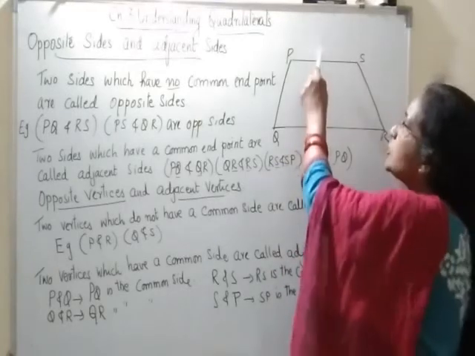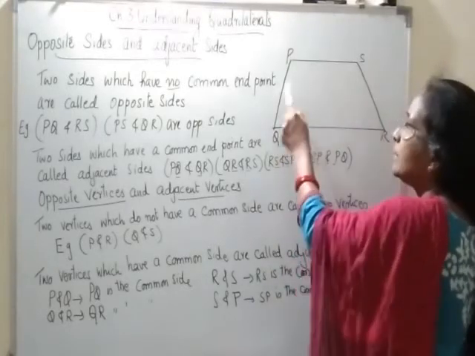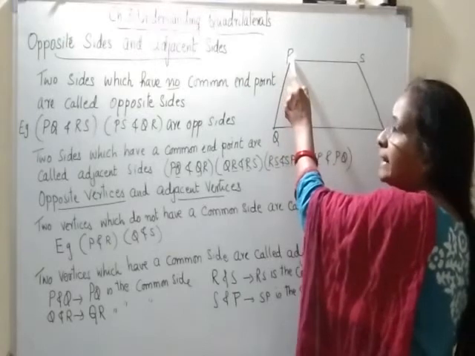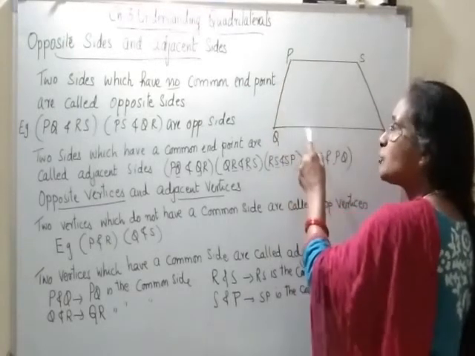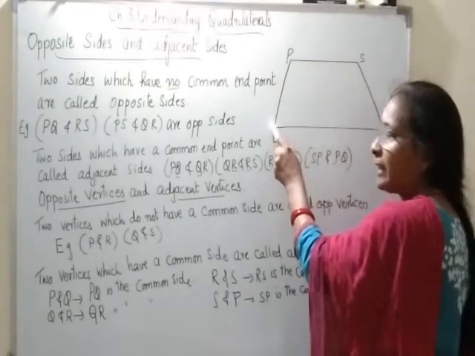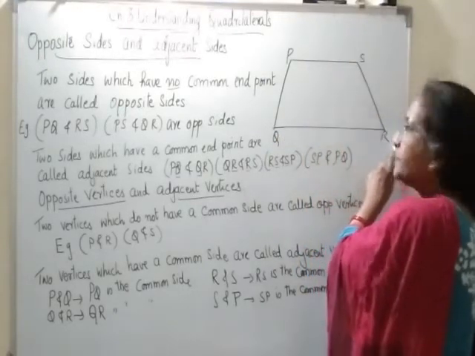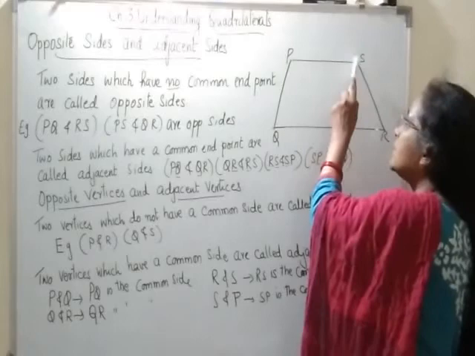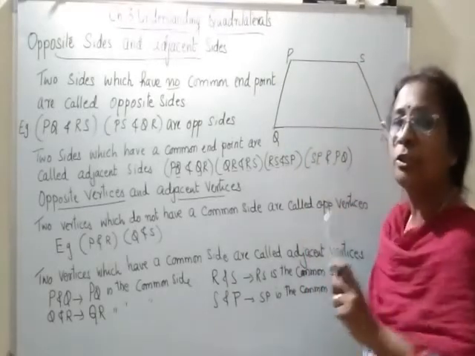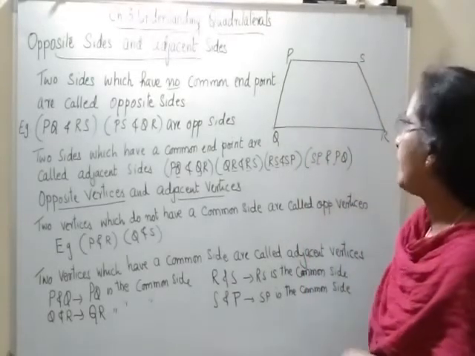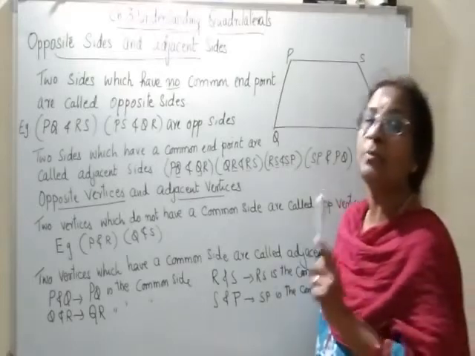Now, if you take these 2 sides, it has a common vertex. If you take these 2 sides, it has a common vertex. If you take this side and this side, this is common. And if you take these 2 sides, this is a common vertex. So, the 2 sides which have a common vertex or common end point.